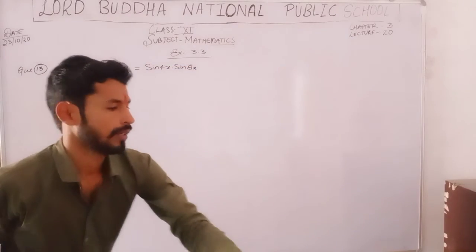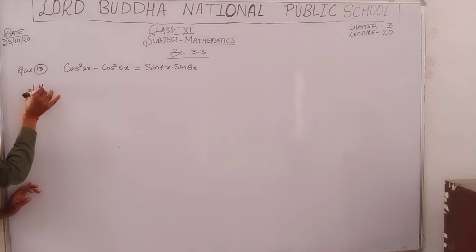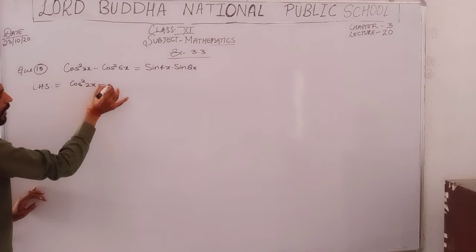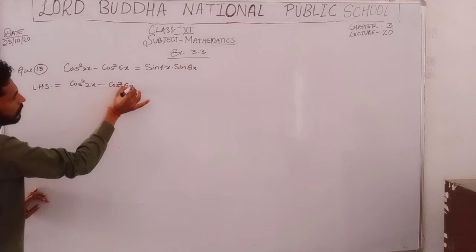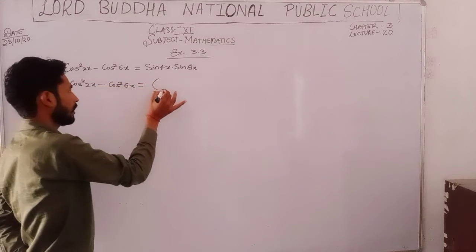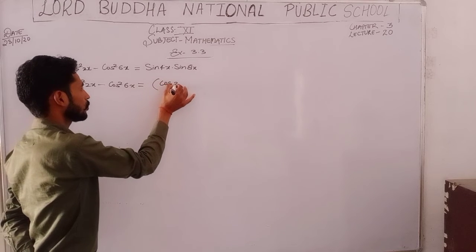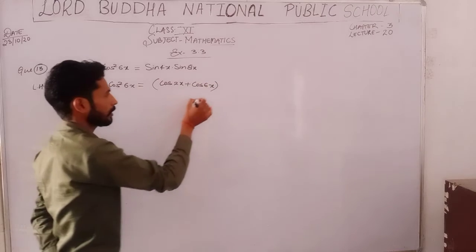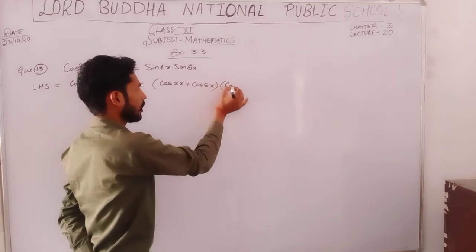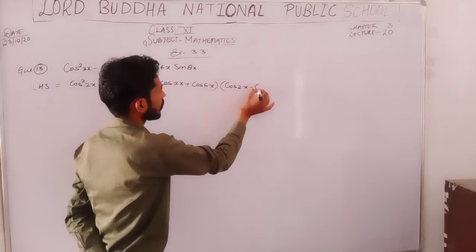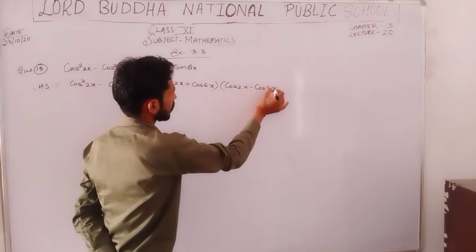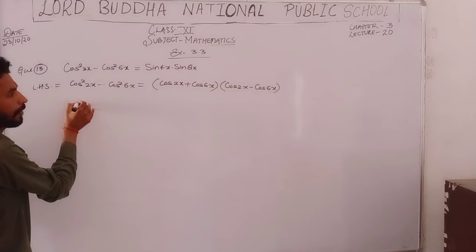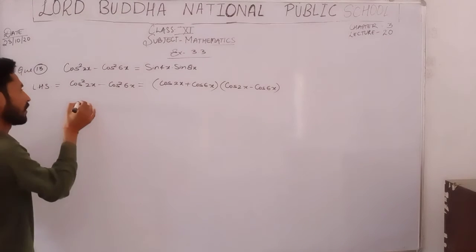This we will take as left hand side, that is cos square 2x minus cos square 6x, and it can be written in the form of cos 2x plus cos 6x in the first bracket, and in the second bracket cos 2x minus cos 6x.